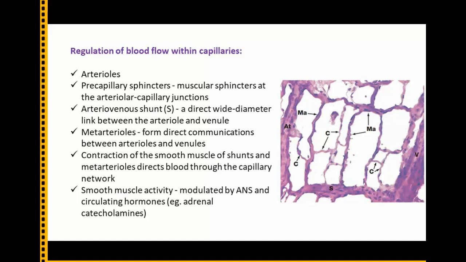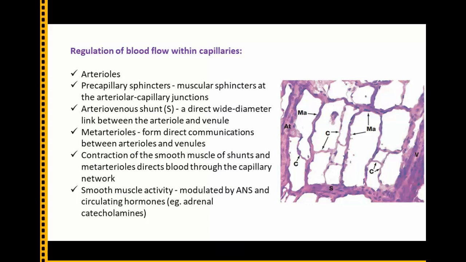Precapillary sphincters are sphincters at the arteriolar capillary junctions, only at arteriolar capillary junctions, not at capillary post-capillary venule junctions. Only between the arteriole and capillaries.